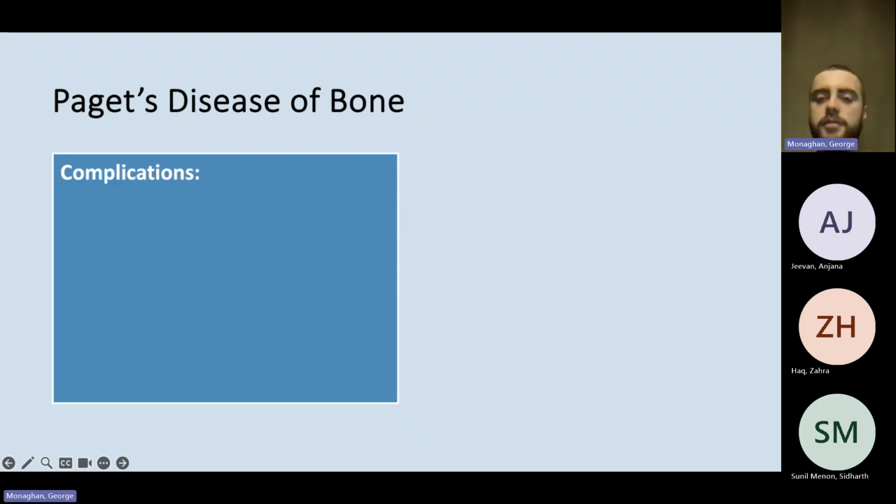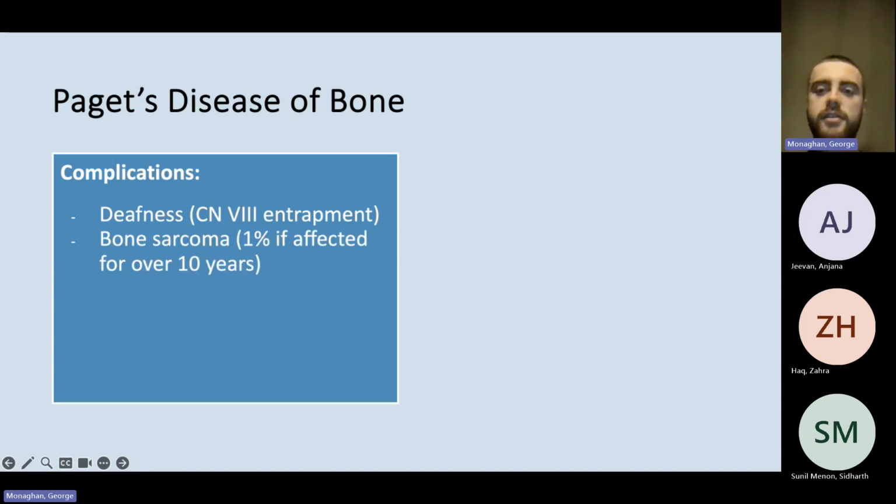So there's some complications to be aware of in Paget's. We've got deafness because of the impact of the excess bone on the skull. We can trap cranial nerve 8 because of the excess bone formation, which causes deafness, and that can be, again, a presenting feature in a question.